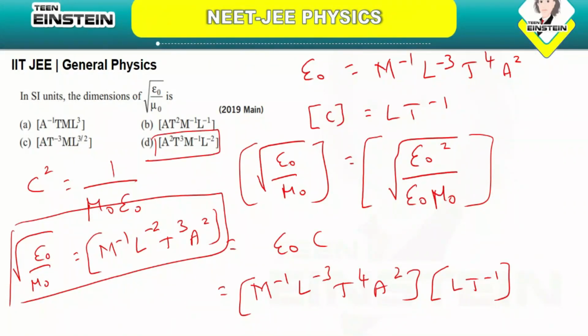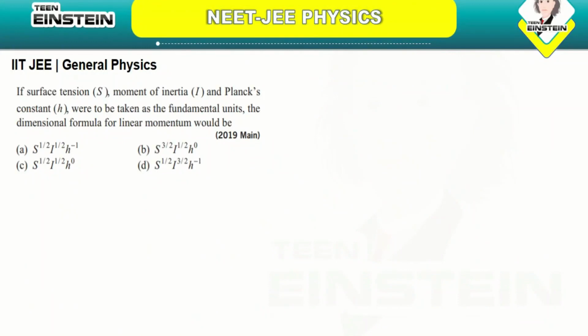Okay, let us now move on with the next question. If surface tension S, moment of inertia I and Planck's constant h were to be taken as the fundamental units, the dimensional formula for linear momentum would be. Okay. So, here they want us to find out what will be the dimensional formula for linear momentum.